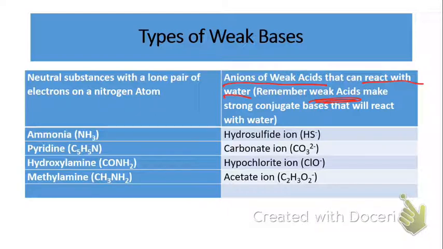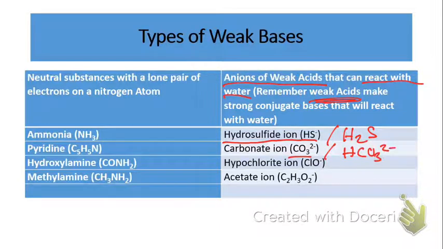We have some examples here, like the hydrogen sulfide ion, HS-, which comes from a very weak acid, H2S. You have the carbonate ion, which has an acid of HCO3-.